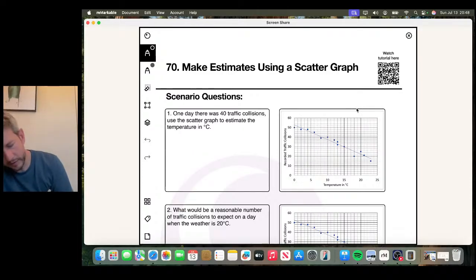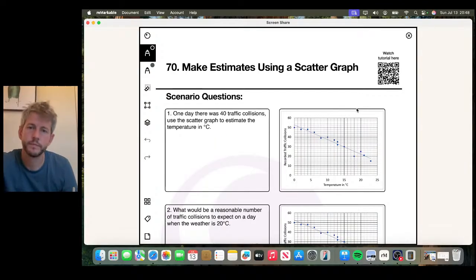Oh, okay. One day there was 440 traffic collisions. Use the scatter graph to estimate the temperature. 40.